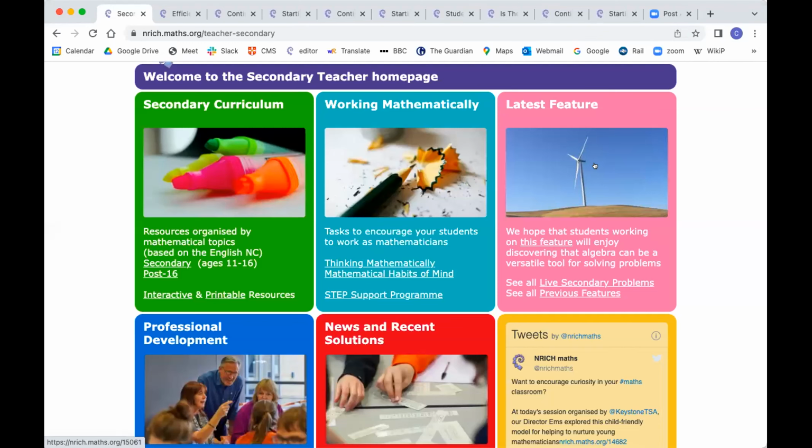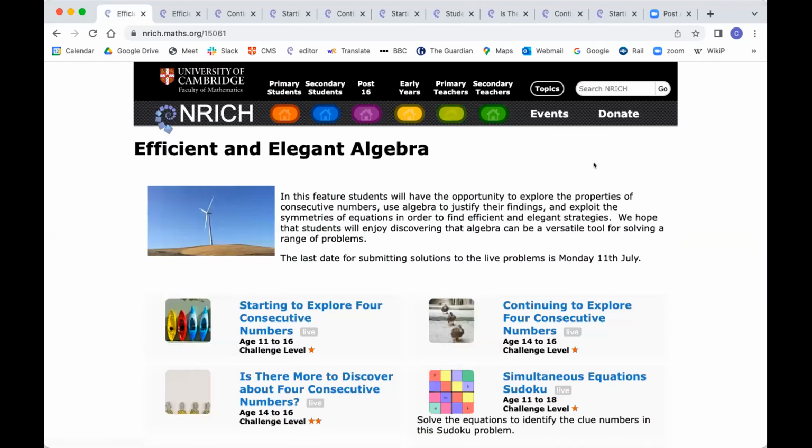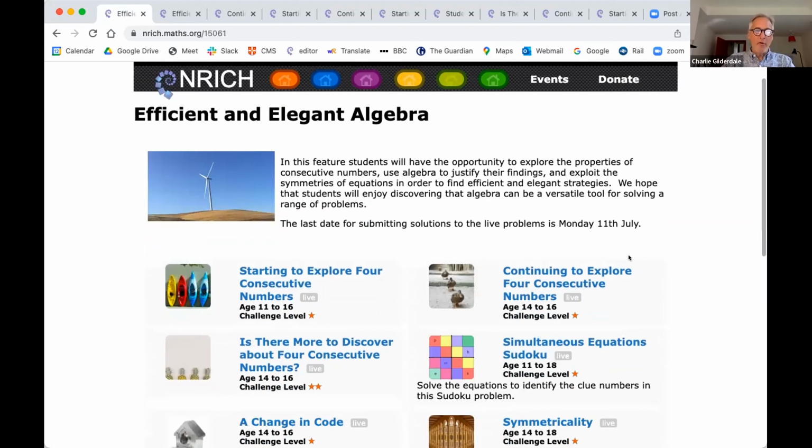So I'll click on the latest feature, and we've called it Efficient and Elegant Algebra, because Claire and I, who've worked together on the tasks here, want to convince students that actually algebra can come to the rescue and solve problems very neatly and elegantly.